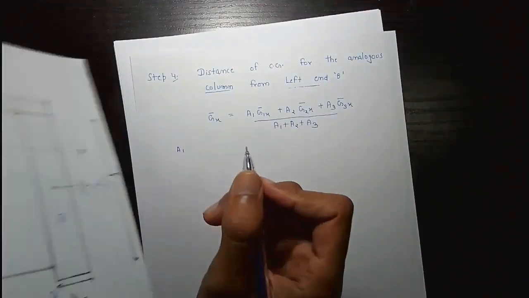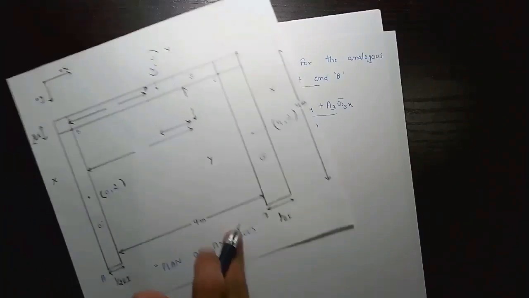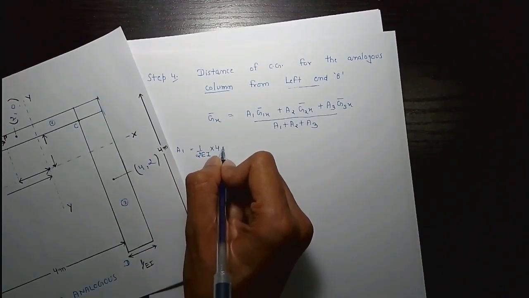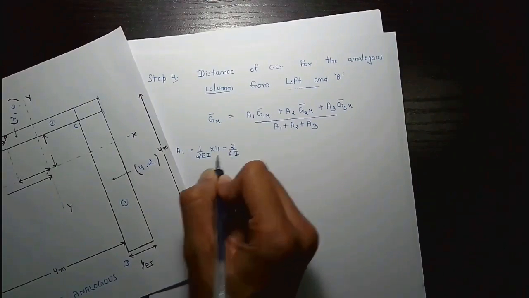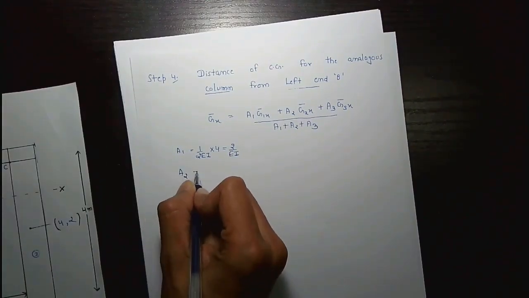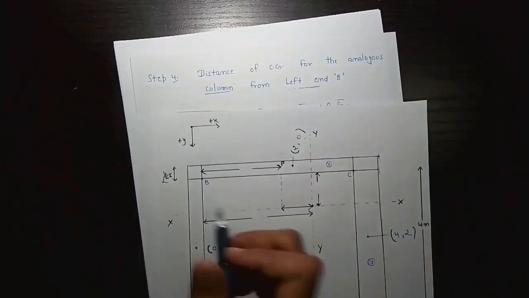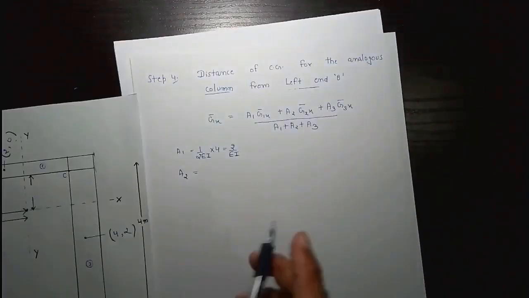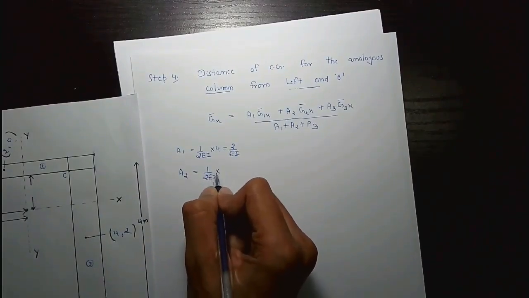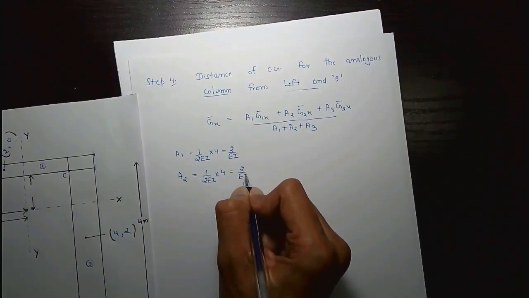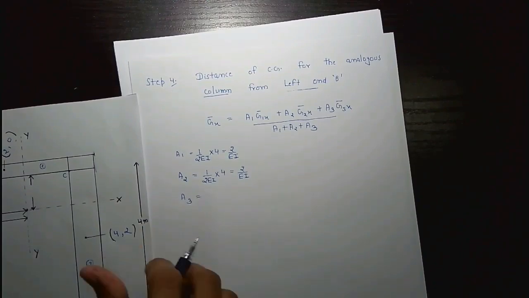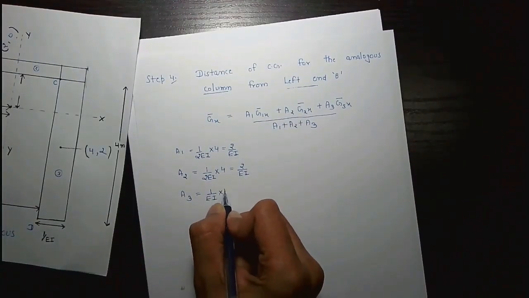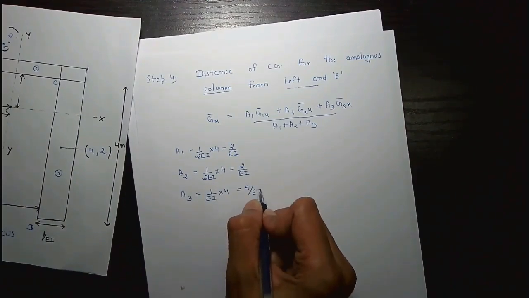So A1, the area of rectangular section 1, is 1 by 2EI into 4, which is 2 by EI. For the second section it will again be 1 by 2EI into 4, equal to 2 by EI. A3 is equal to 1 by EI into 4, equal to 4 divided by EI.